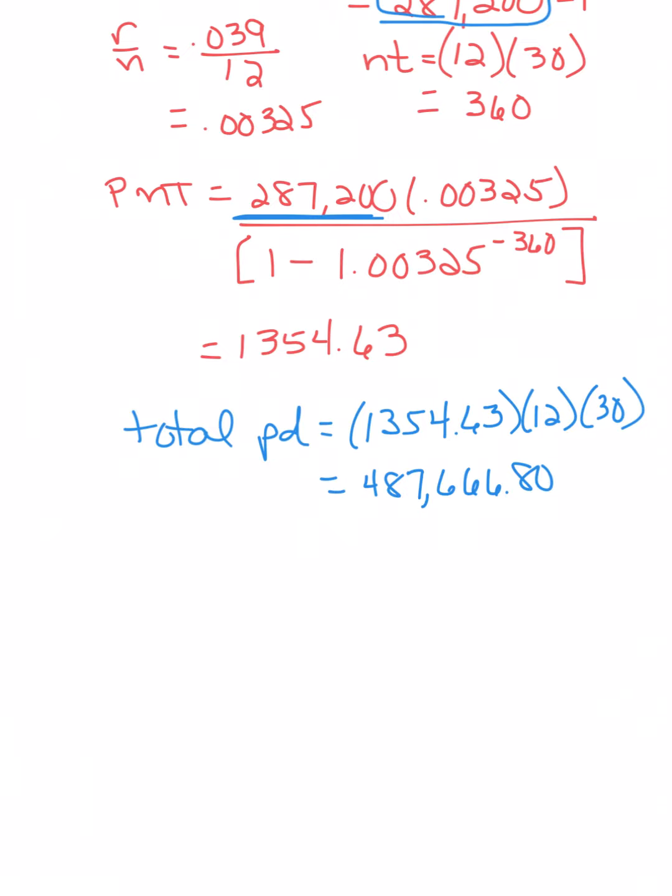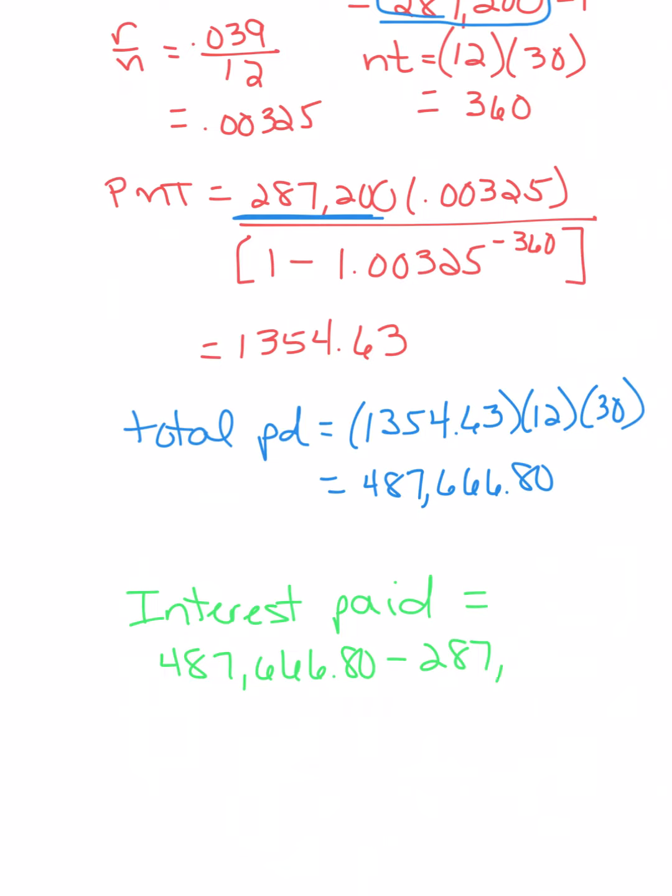This is not part of the question, but just to show you, the interest paid is how much they sent the bank, the 487 figure, minus what they borrowed in the first place, which comes out to be $200,466.80.